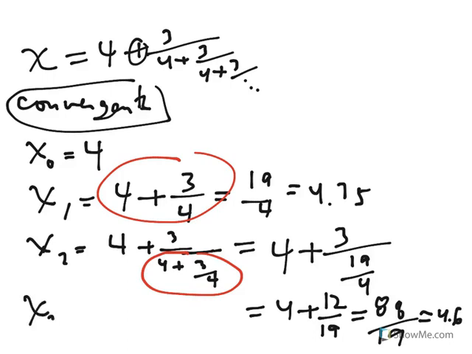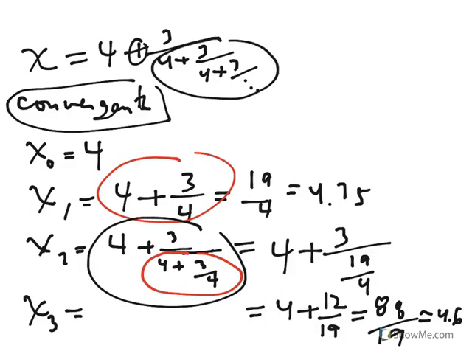And for the next one, the same kind of thing is going to happen. This entire expression ends up being in the denominator of the next one. So I get 4 plus 3 over the previous answer, which was 88 over 19.